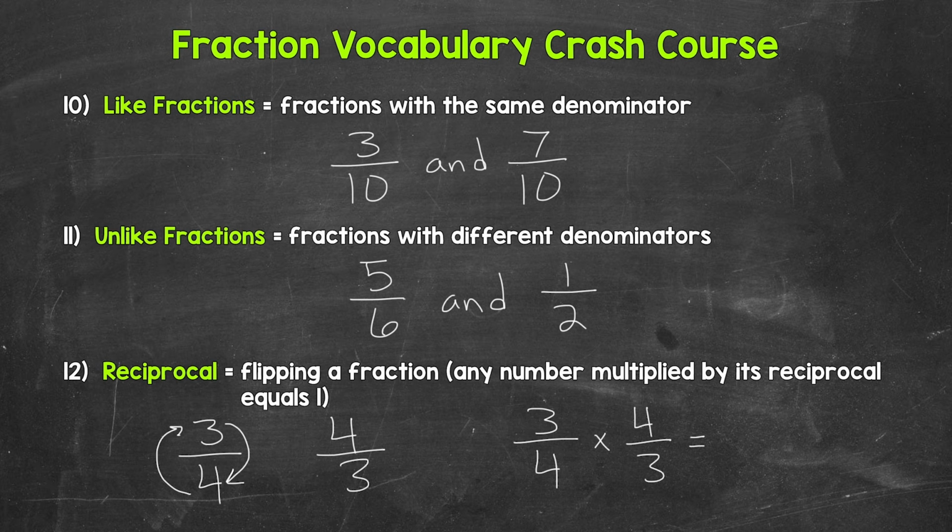So for the numerators, 3 times 4 is 12, and then for the denominators, 4 times 3 is 12. So we end up with 12/12, which is 1. Remember, like we mentioned earlier, whenever we have the same numerator and denominator, that fraction is equal to 1. So for reciprocal, just remember, that means to flip a fraction.